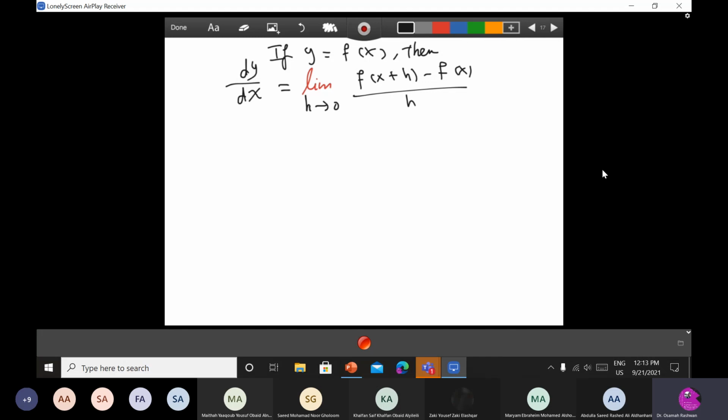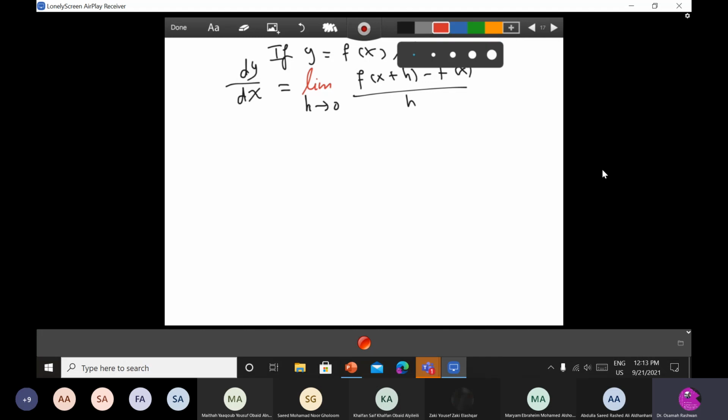Anyway, I will explain to you, not all the time we are going to do this. The first derivative dy by dx, when y equals a function of x, is exactly the limit when h tends to 0 of f of x plus h minus f of x over h.